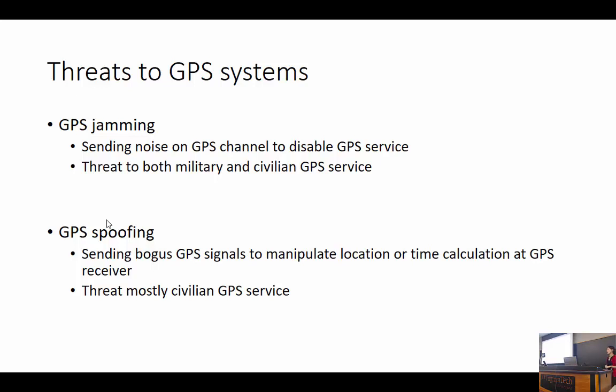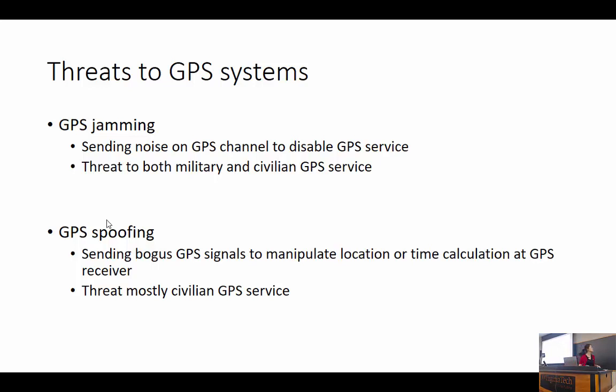But there are also arguments that a lot of military equipment has a default fallback mode, meaning that if the military mode is being jammed, then they will fall back to the civilian service to see if it will work on the civilian side. And in those cases, you can still use GPS spoofing to attack them. And some military equipment is not even built to use the military GPS service because of cost and because of the overhead associated with updating the secret keys that are required to decrypt the military GPS signal.